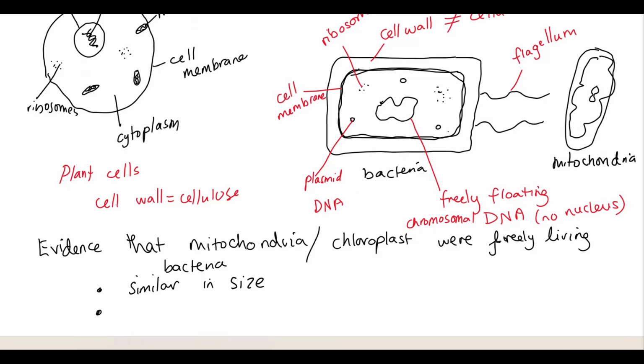So like bacteria, because the mitochondria can reproduce itself without the need of the animal cell splitting, we say that's another evidence that it was a bacteria back in the day. So it contains its own DNA, so it can reproduce independently.